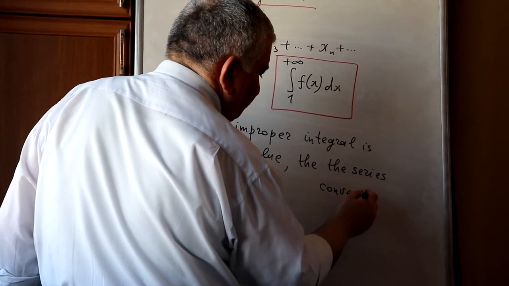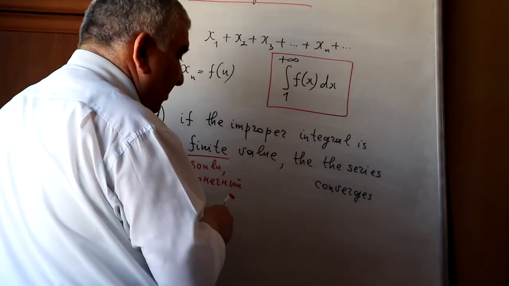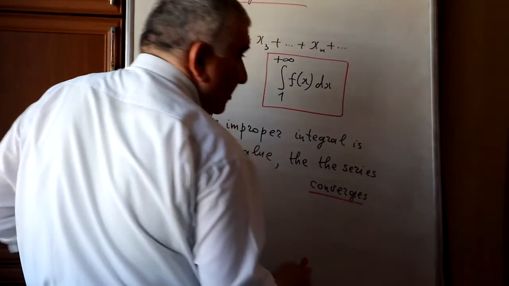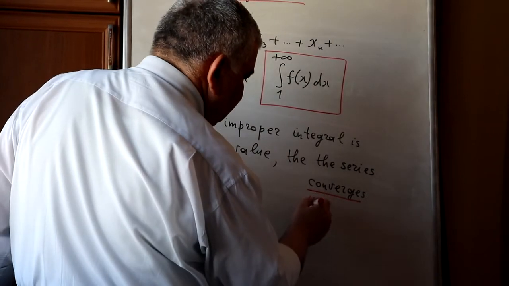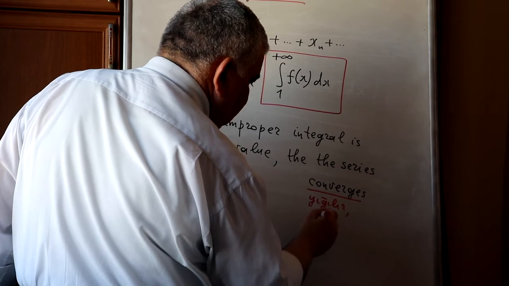Finite in Russian is конечный. Converges in Russian is сходится.